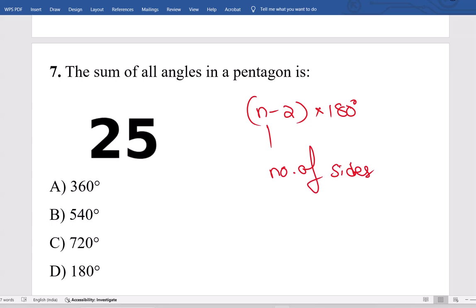So what about exterior angles? The sum of all exterior angles is not n plus 2, directly it's 360 fixed. Whatever the polygon is, it will be equal to 360 only.